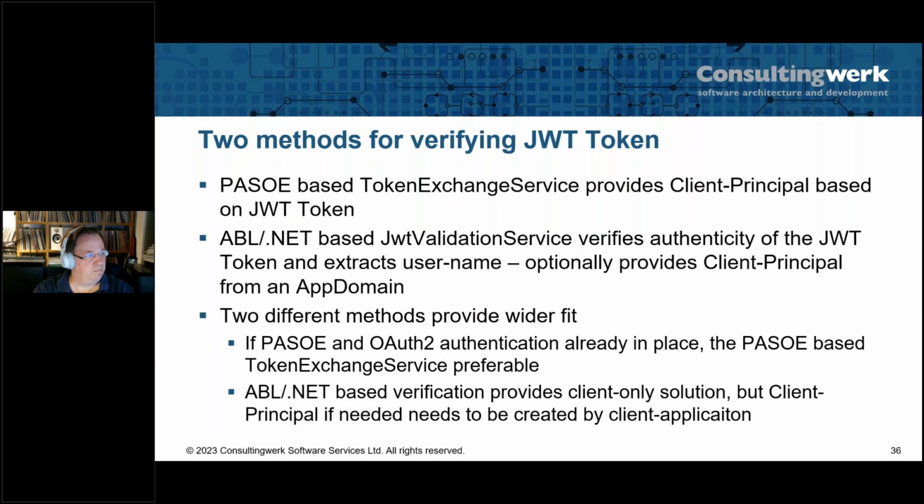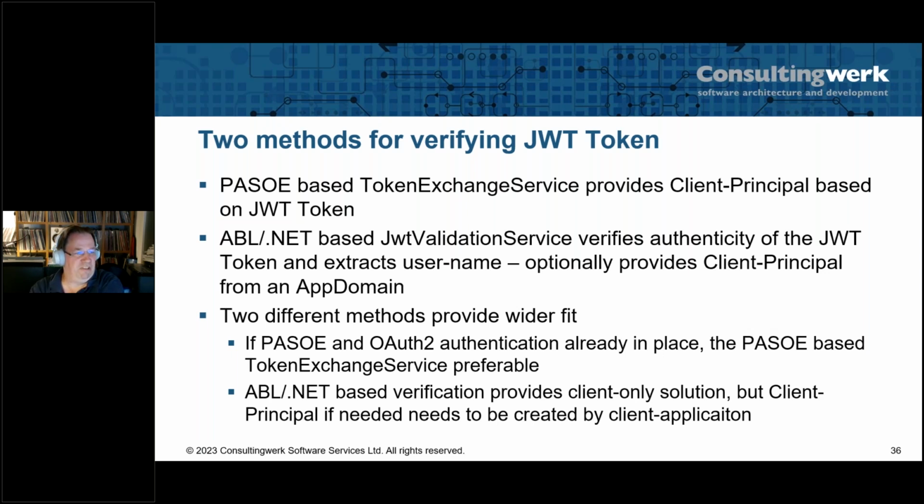So we have the web browser that drives the user through the flow of authenticating. In the end, we're getting a token, but then we need to make sure that we can trust the information in that token. We can always read it, but anybody else could be providing us with a fake passport. So we need to verify it. We've developed two methods of verifying the JWT token.